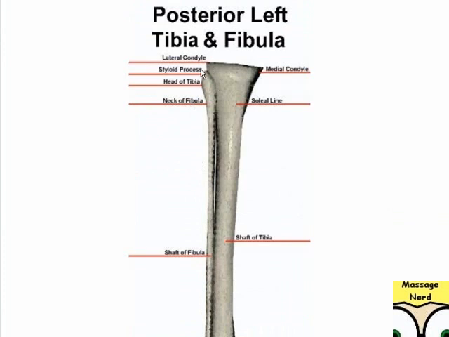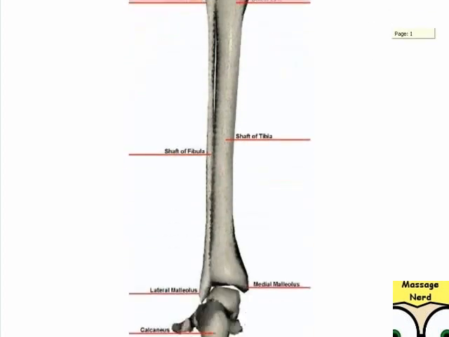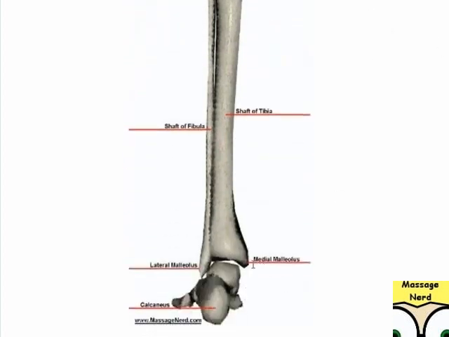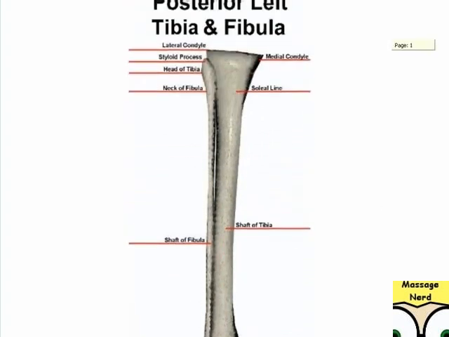Styloid process, head of fibula, neck of fibula, medial condyle, soleal line, shaft of tibia, shaft of fibula, medial malleolus, lateral malleolus, and calcaneus, the heel bone. So I'll give you some time to look this over, then practice on your own.